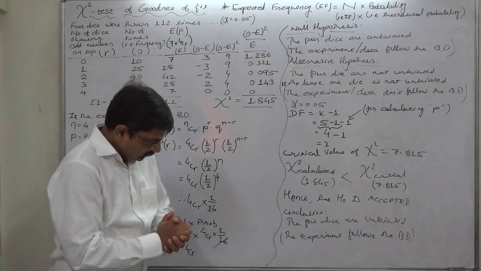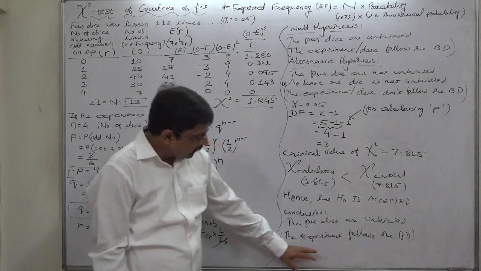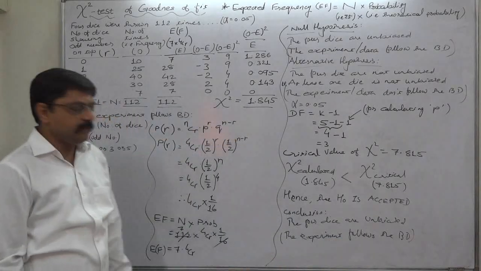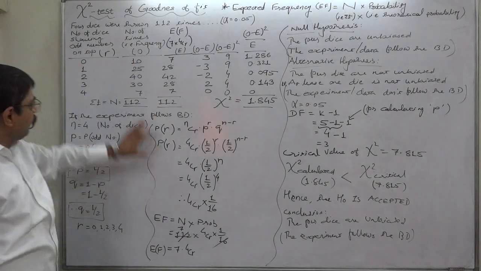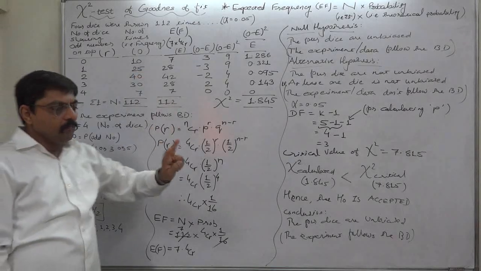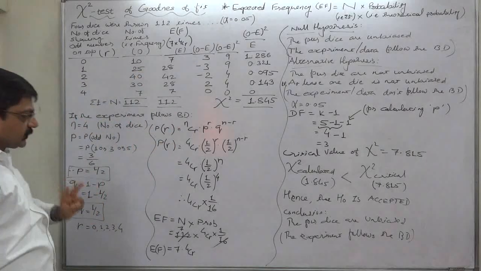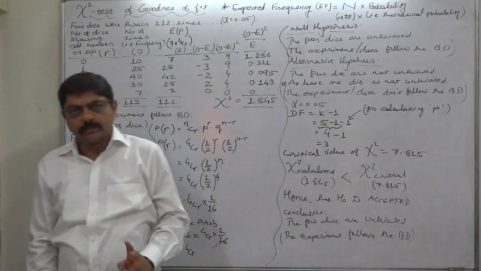Yes. How can we also arrive at the conclusion that the data or the experiment follow binomial distribution? Because we use the binomial distribution for calculation of expected frequencies. So both the hypotheses, we test both the hypotheses simultaneously. Not in all cases this is possible.